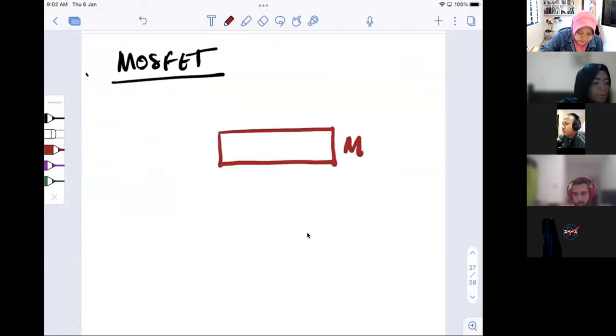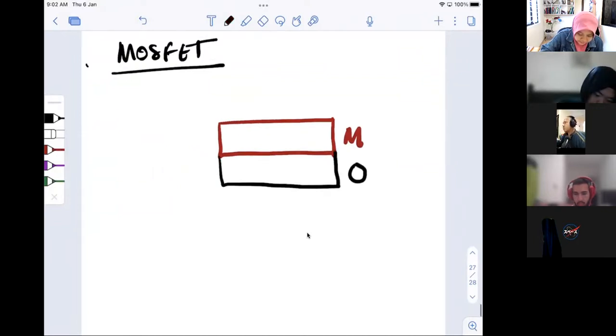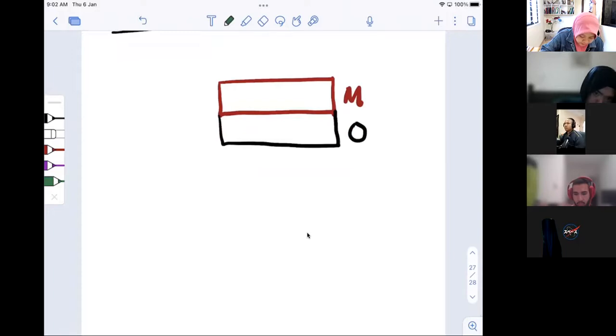You have a piece of metal, then the oxide layer, and then the semiconductor layer. From the name comes the structure: metal, oxide, and semiconductor. What is the oxide? Oxide is a type of insulator.